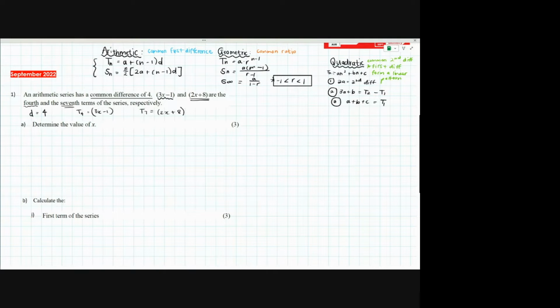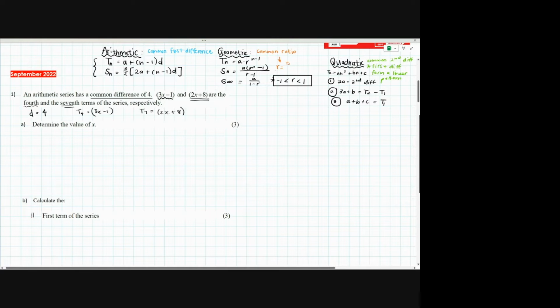Oh, I'm so sorry, Humelo, I did not see your question. Before I get into this, Humelo's just asked, how do we find r? This is for the common ratio. To find r, you would take any two consecutive terms and divide them.